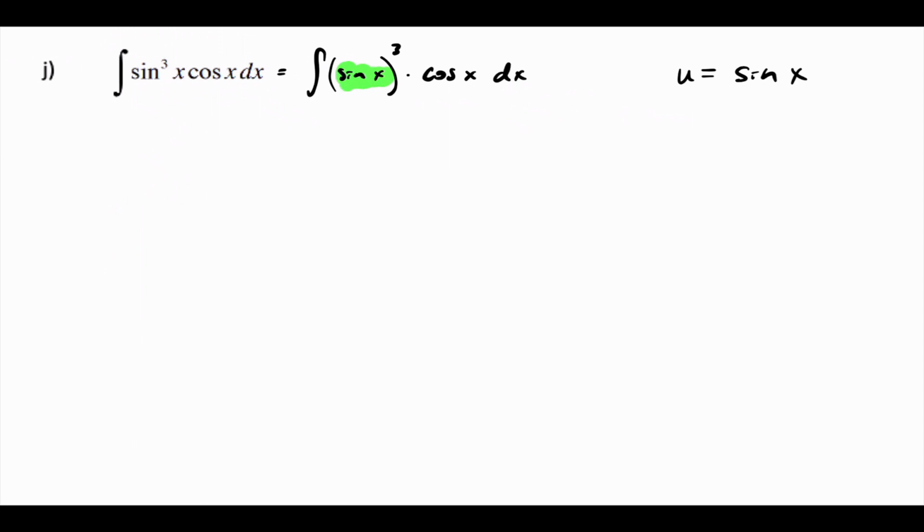Okay, so let me start there. Let's say this guy's sine of x. So that means du is cosine of x dx, right? Because the derivative of sine is cosine. So now I've got to solve for dx.